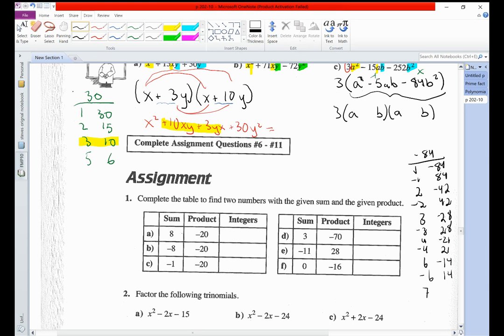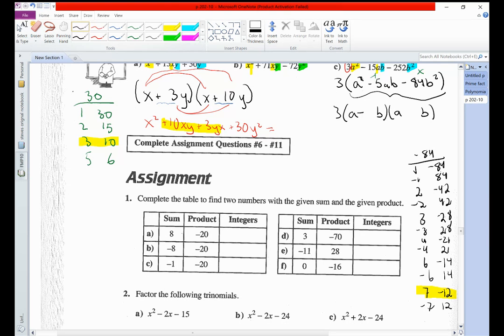So we can have 7 and negative 12, or negative 7 and positive 12. And we're looking for two numbers that add to negative 5. So you can see here positive 7 and negative 12 add to negative 5. I know that was a really long multiplication chart there, or factor pair chart, but it's going to be worth it when you get the right answer. So positive 7 and negative 12.